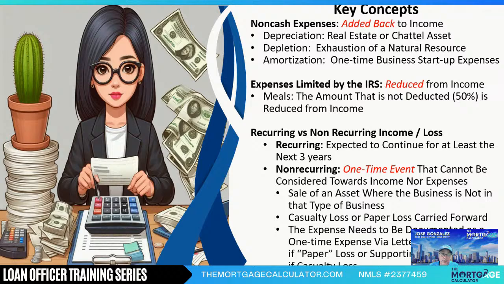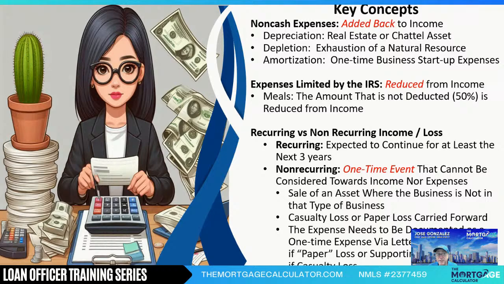And the third category here, and these are not in order of importance, these are all equally important, is recurring versus non-recurring income or loss. A recurring item is an item that's expected to continue for at least the next 3 years, right?